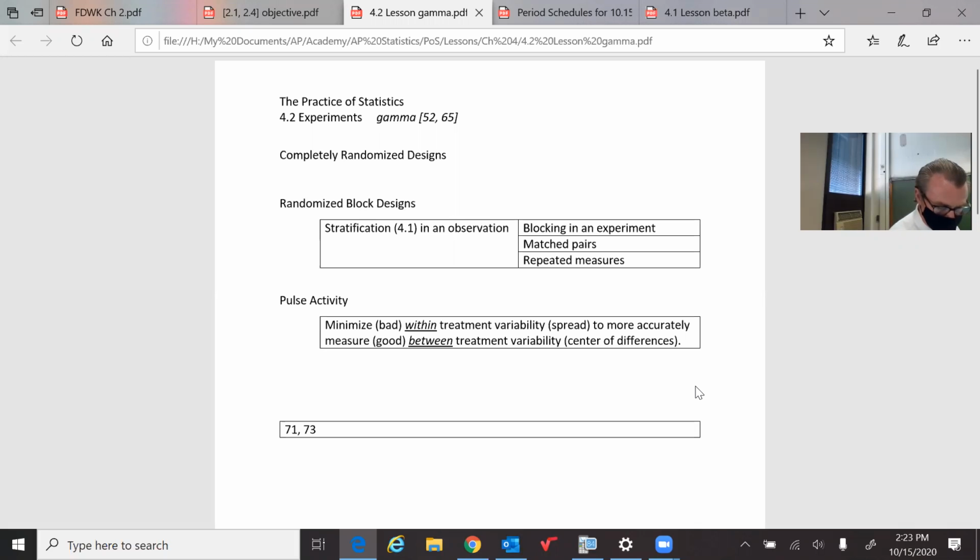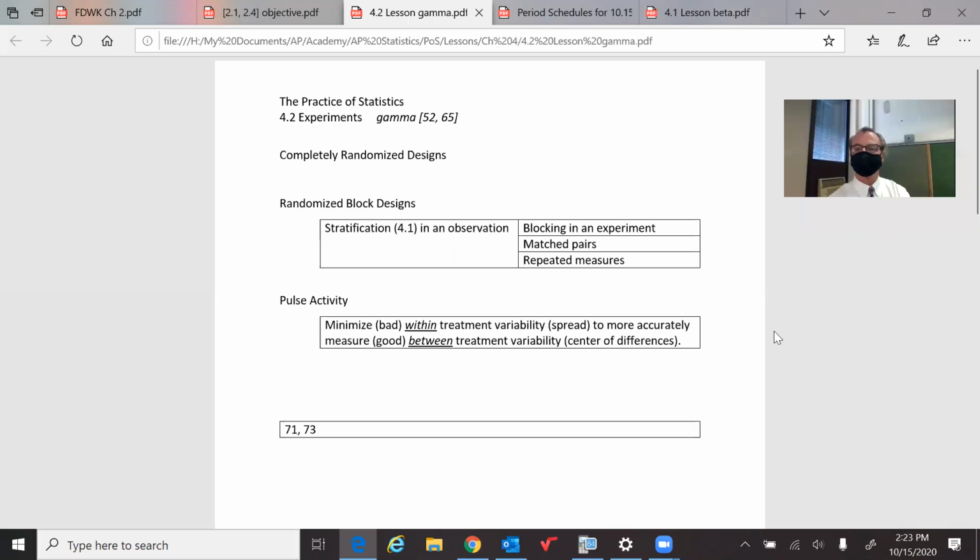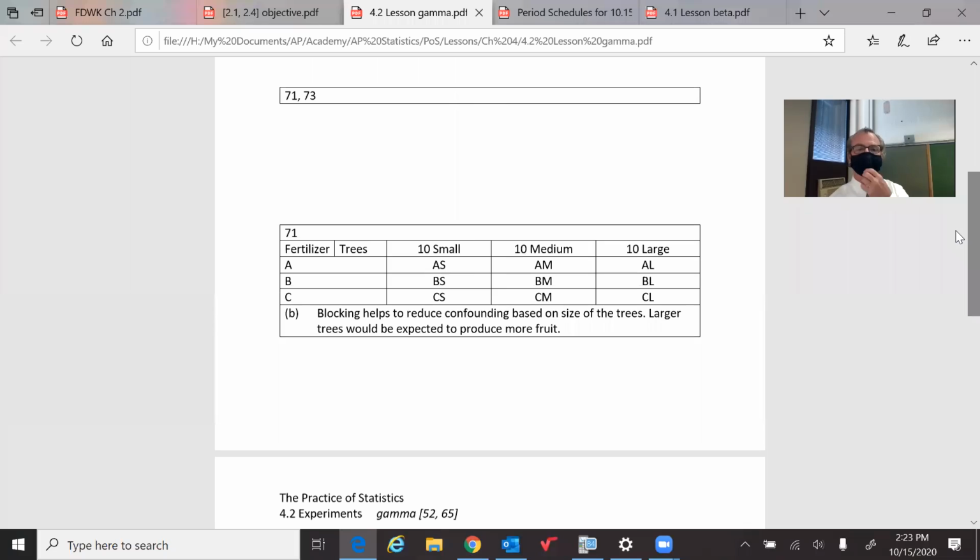So 71 was about the farm. It's not that complicated. Ready? You divide the trees into small, medium, and large. You take the 10 smallest trees. Just like we said, the people with the lowest resting heart rate would be, instead of paired up, a group of 10.